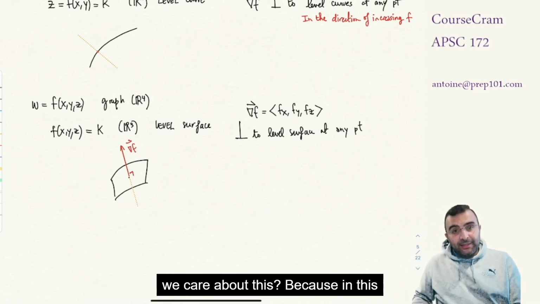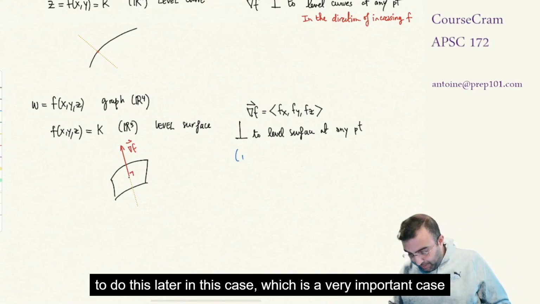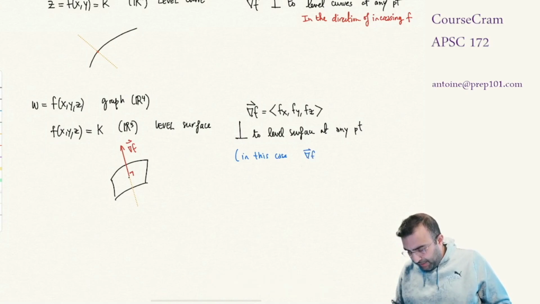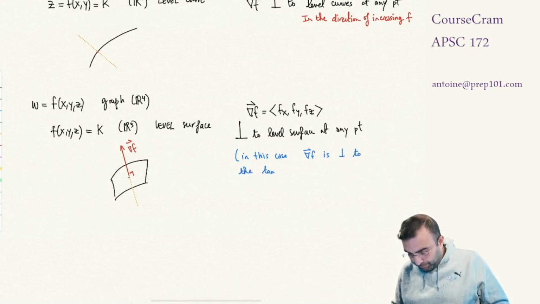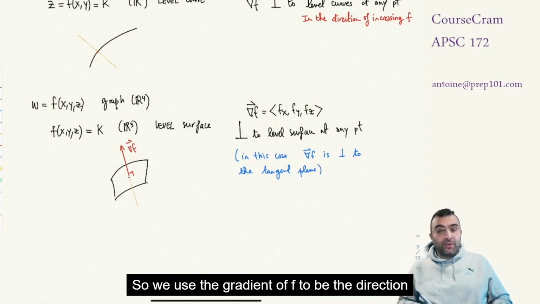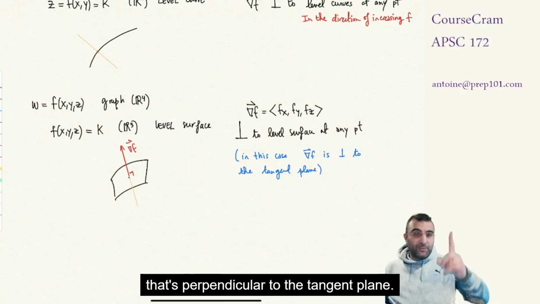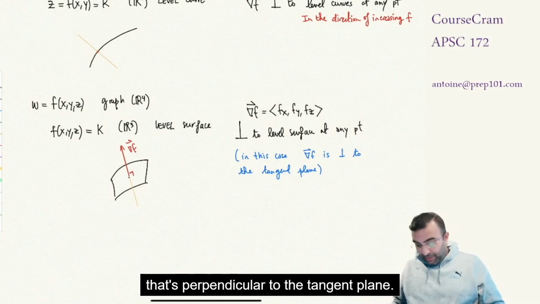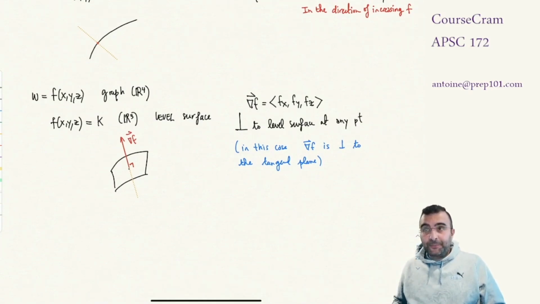Now, why do we care about this? Because in this very important case, which we're going to do later, the gradient of f is perpendicular to the tangent plane. So we use the gradient of f as the normal, the vector that's perpendicular to the tangent plane, and when we talk about tangent planes in just a bit, we're going to do exactly that.